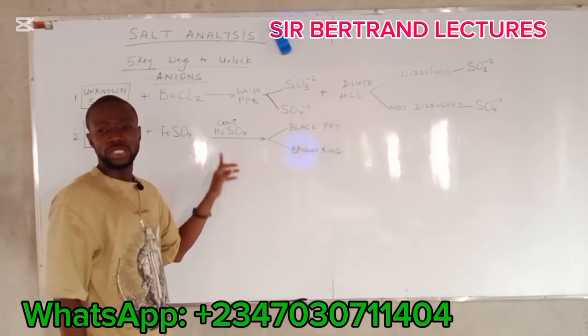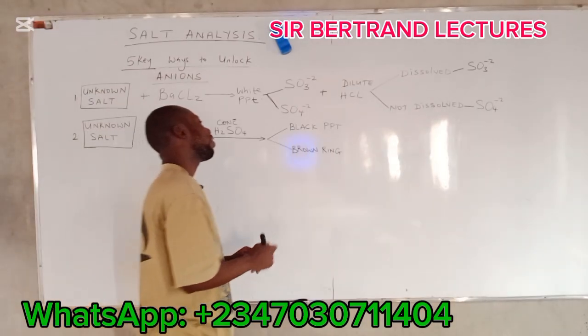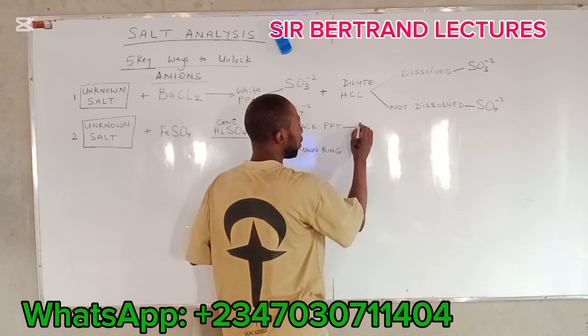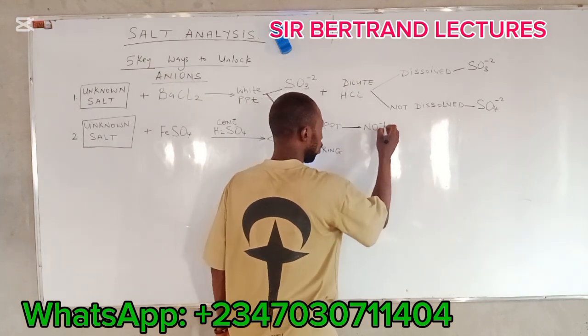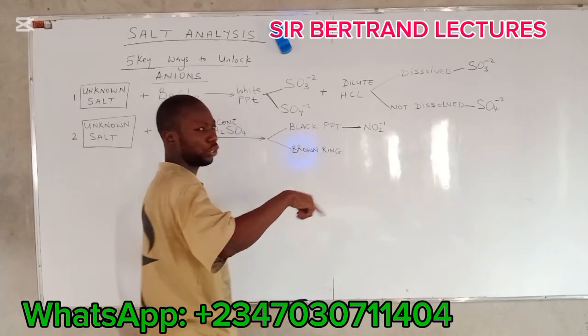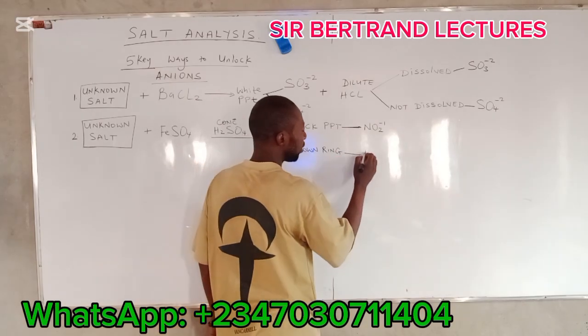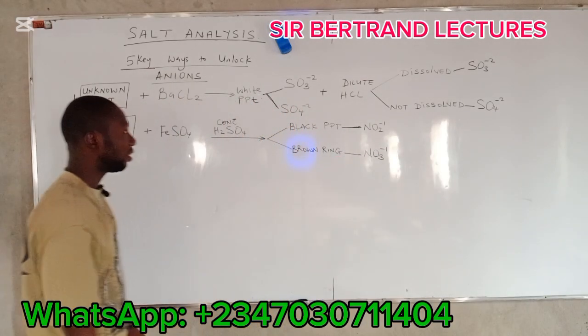If after you must have added iron(II) tetraoxosulfate(VI) salt to an unknown source sample in the presence of concentrated tetraoxosulfate(VI) acid, the sample gives black precipitate, the ion that is present is nitrite ion. All right. Then if it shows brown ring, the anion that is present is nitrate ion. Do you understand?